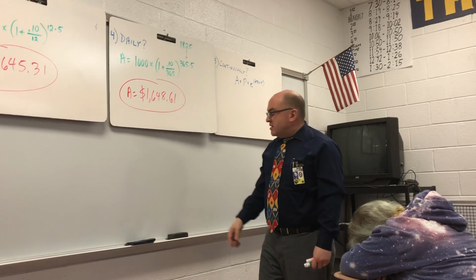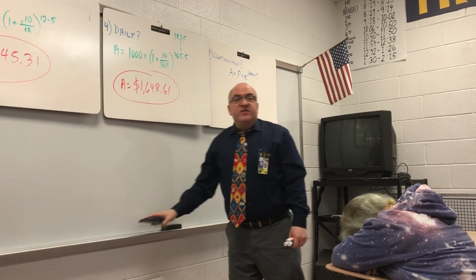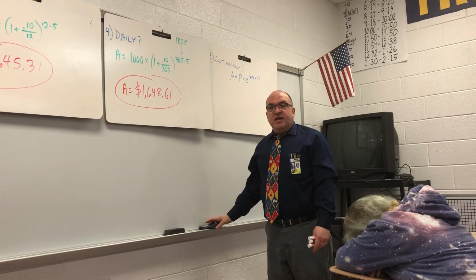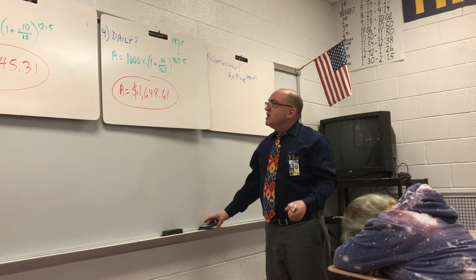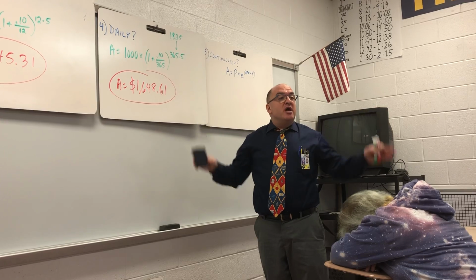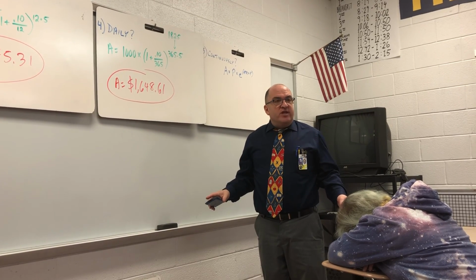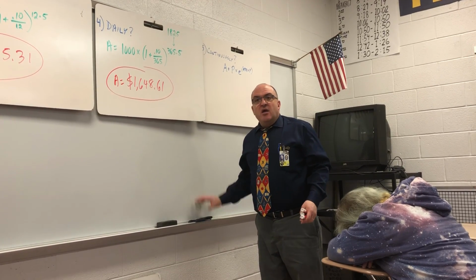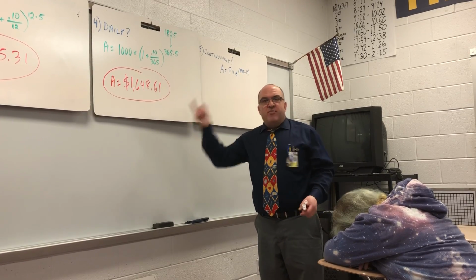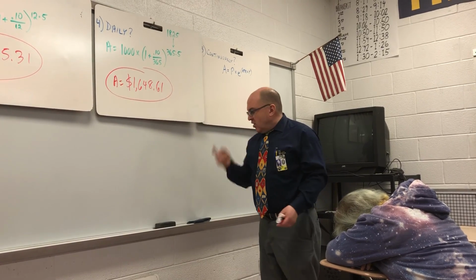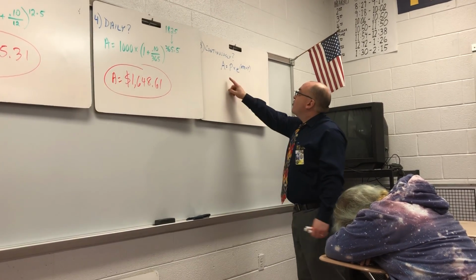Okay? And now, what if it says continuously? You said, okay, by the hour, all right, 24 hours. But there's a whole other formula for continuously, meaning always. It just keeps on compounding. Always, always, always. All right? Here's the formula.